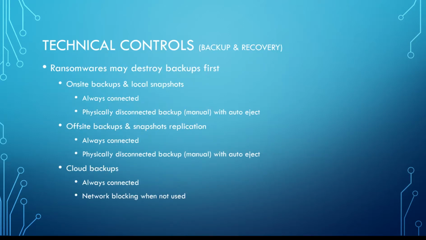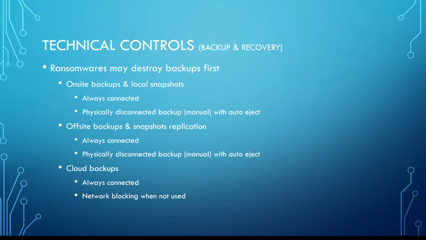Now for the backup and recovery. Ransomware may destroy all the backups first before it encrypts the files. So where are you going to back up your data? You will anyway have some on-site backups and local snapshots on the same NAS, or a backup on a USB hard drive, for example.